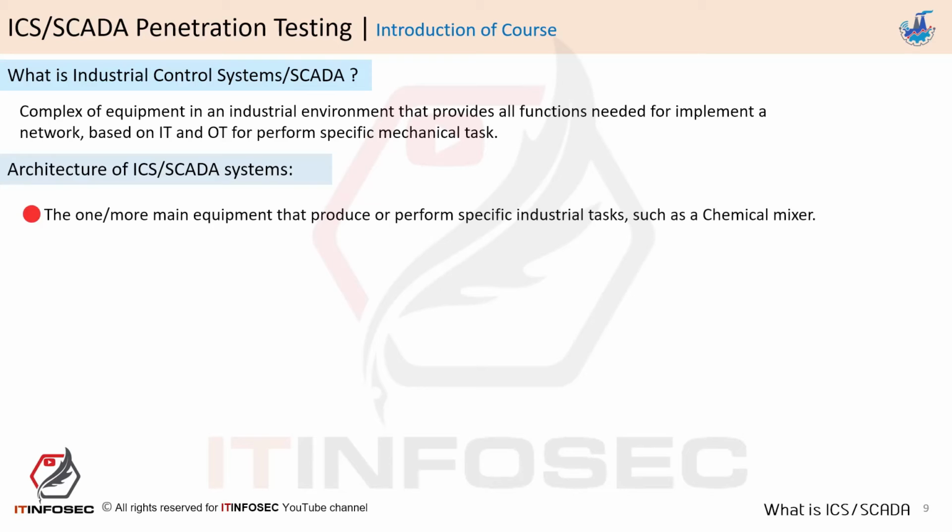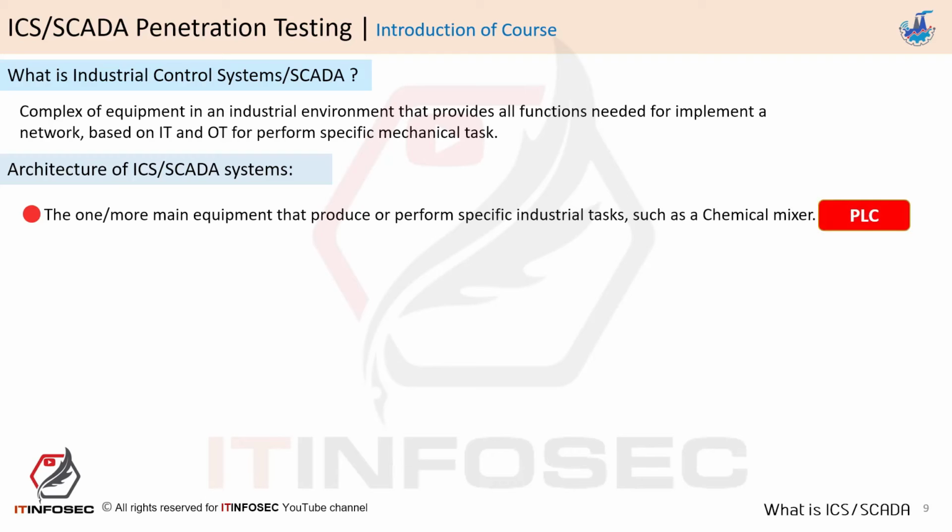And what's the architecture of an ICS SCADA system? From this point, the course starts. The one or more main pieces of equipment that perform a specific industrial task, such as a chemical mixer.